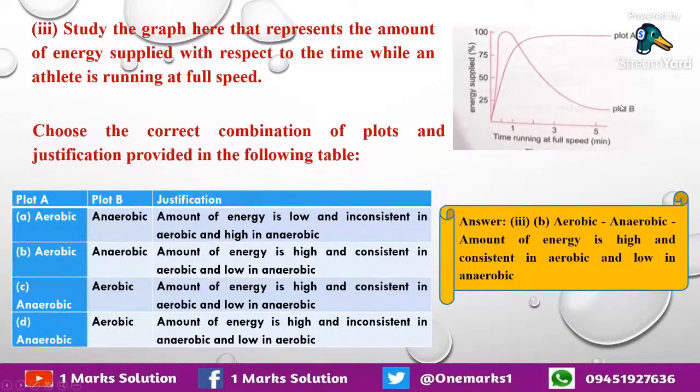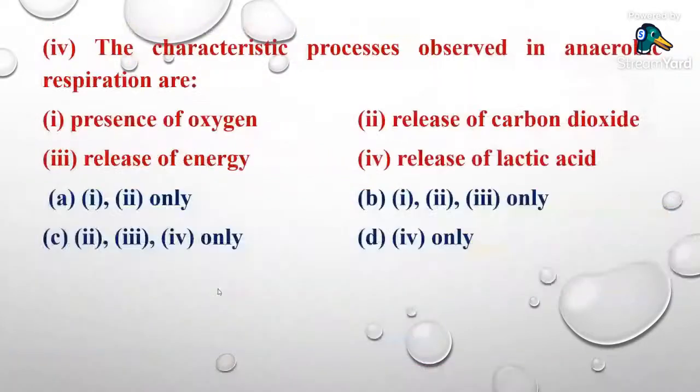The characteristic processes observed in anaerobic respiration are: so you can have more than one answer. Presence of oxygen in anaerobic respiration, so this is incorrect. Anaerobic respiration happens in the absence of oxygen or lack of oxygen. Release of carbon dioxide, yes. Release of energy, yes.